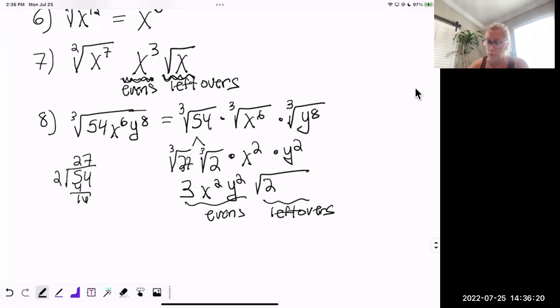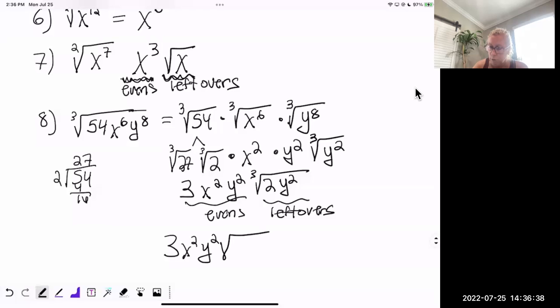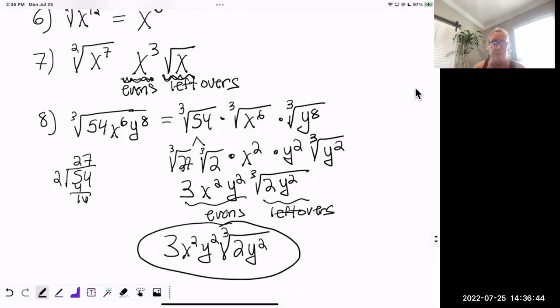How many are left over? 2. Leftovers stay under the radical, which should be y squared. So my answer would be 3x squared, y squared, the cube root of 2y squared. And that is the answer. It looks crazy, but that is the answer.